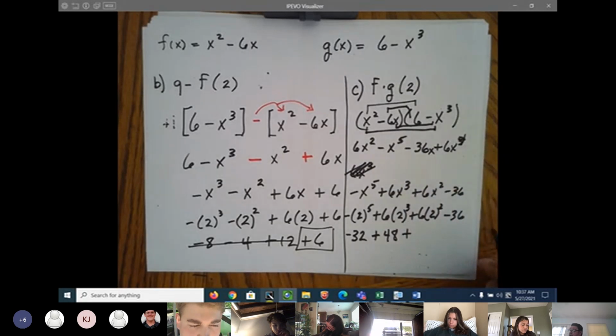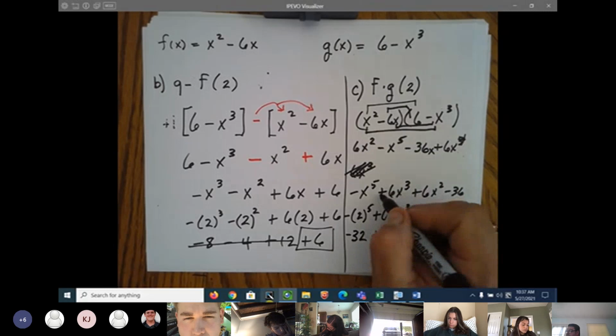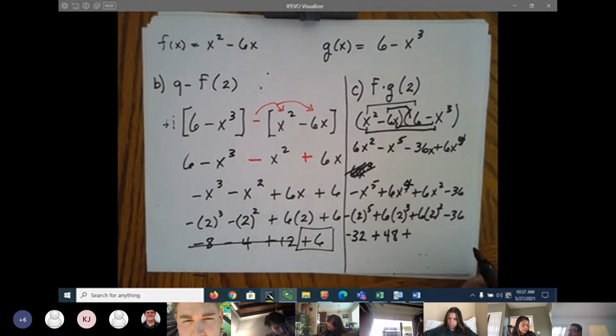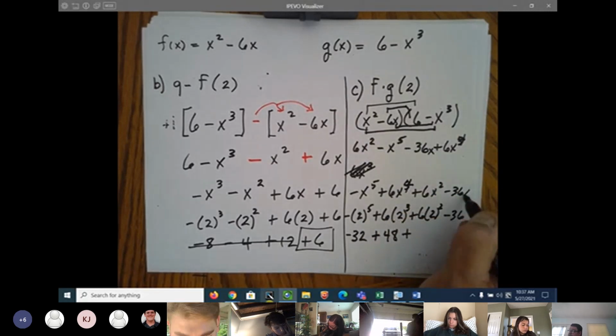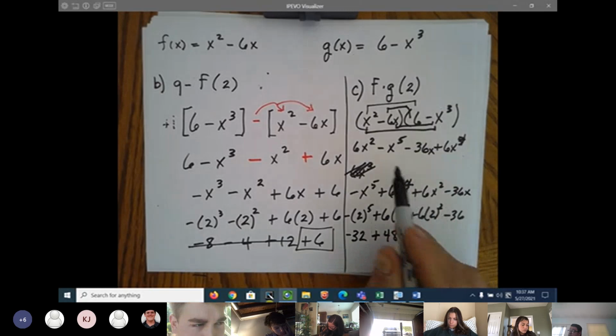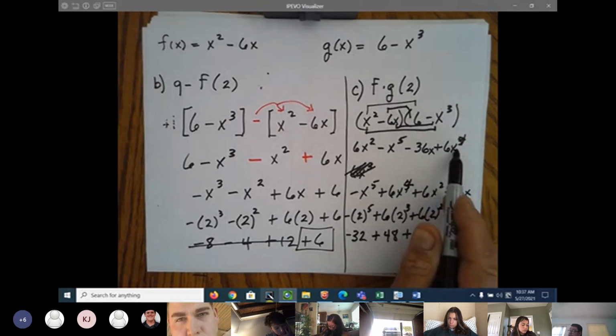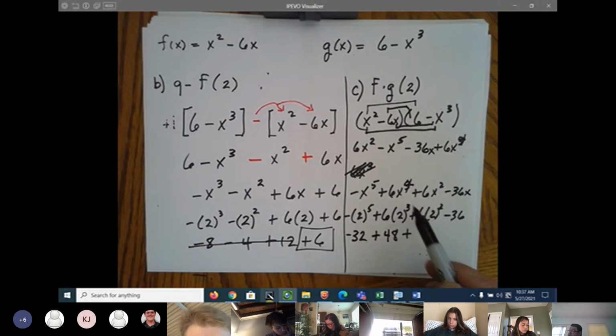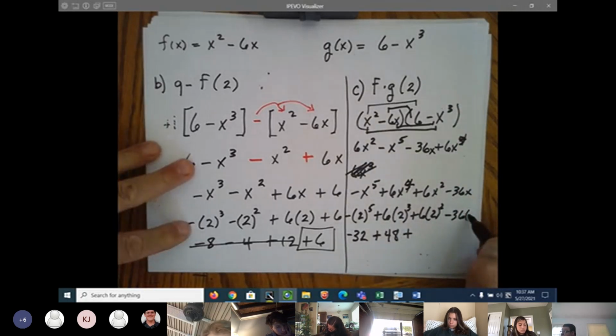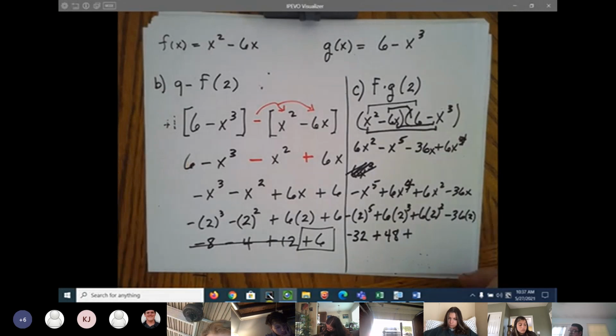Is that good? Thank you. Positive 6x to the 4th. So that's negative x to the 5th plus 6x to the 4th plus 6x squared minus 36x. And that's going to be a 2. Y'all check me, make sure I ain't screwed up.